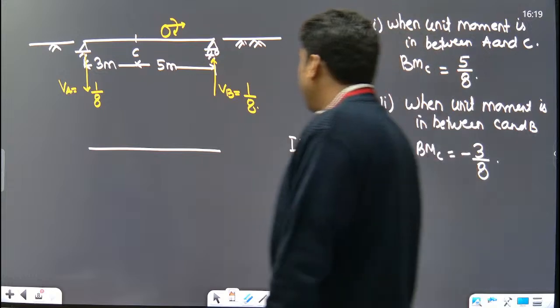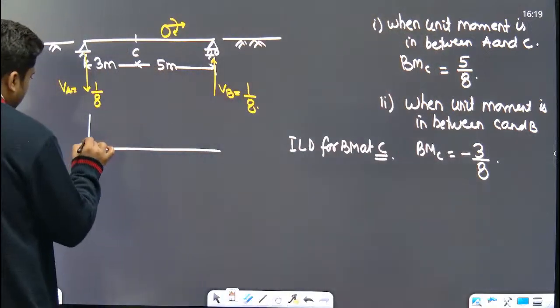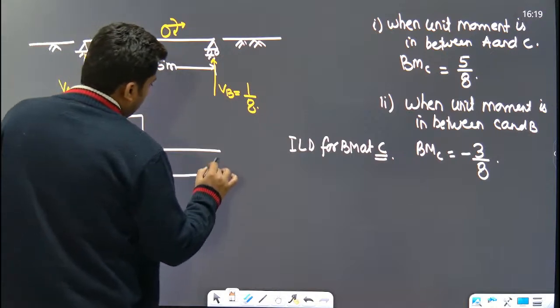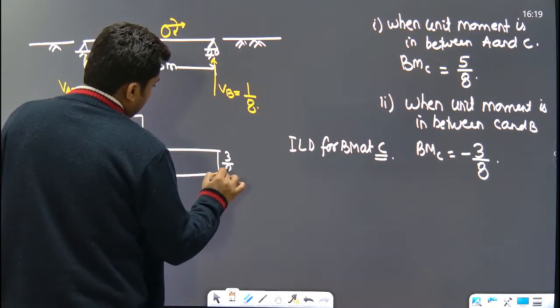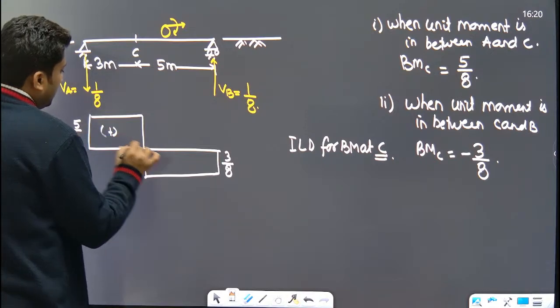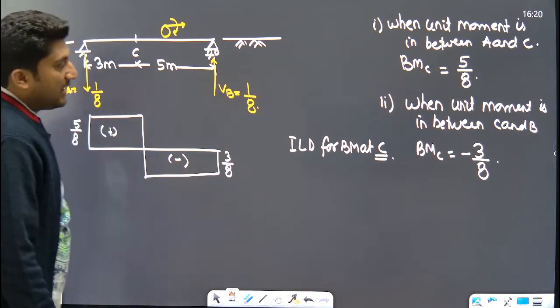So positive 5 upon 8, and then at C this is indeterminate, and this is 3 upon 8. This is 3 upon 8 and this is 5 upon 8. This is positive and this is negative. I hope it is clear.